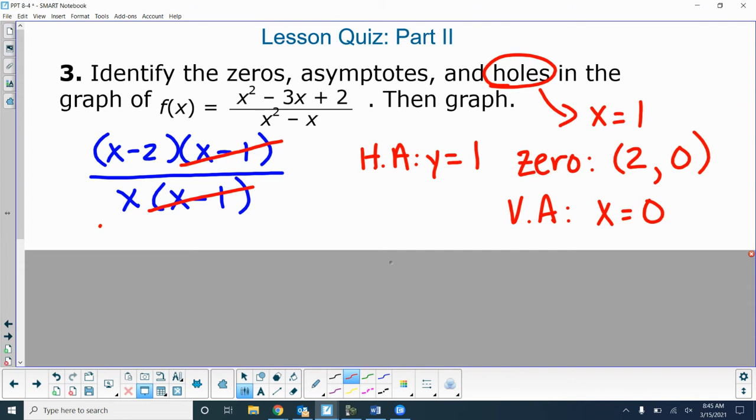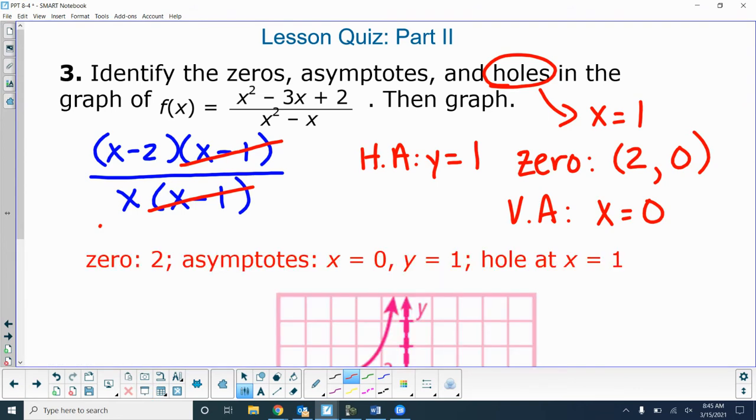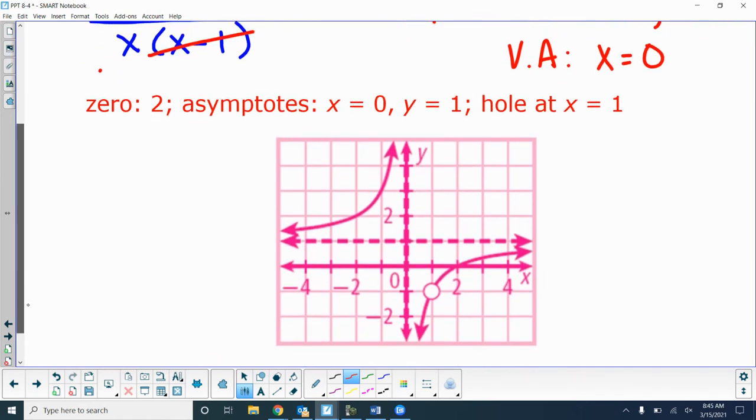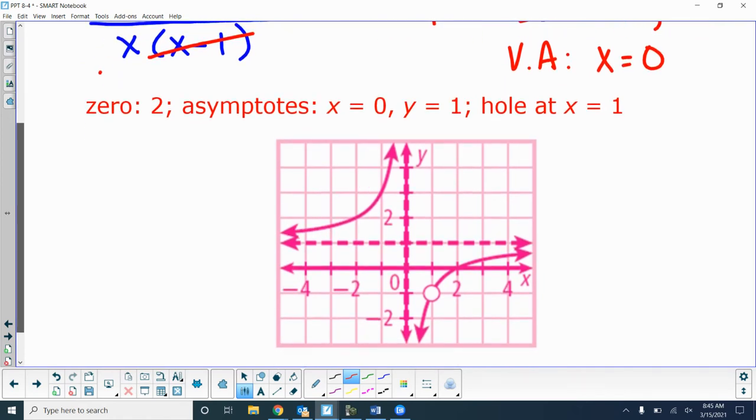Okay. And then graph. So there's a picture of it. Hole at 1. So there's the hole. Your horizontal asymptote at 1.